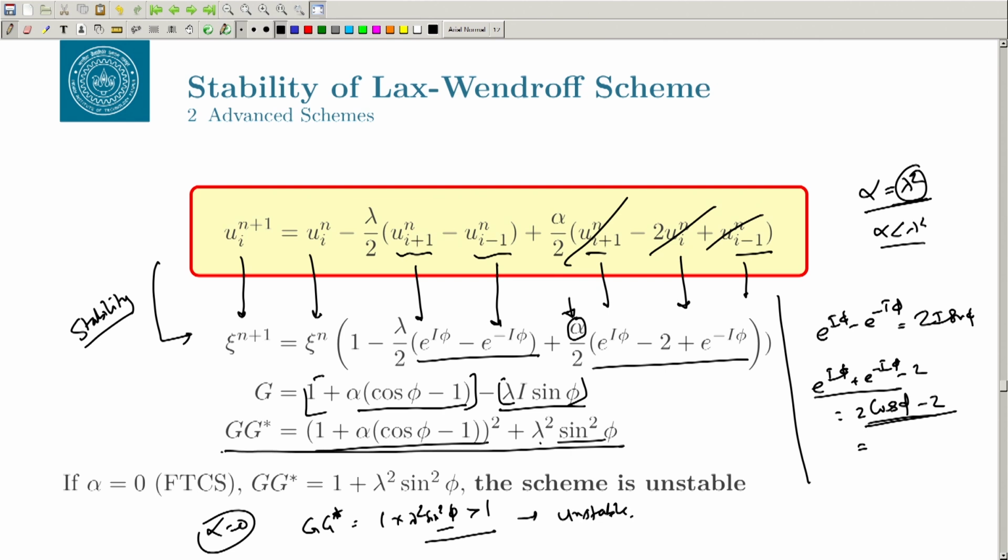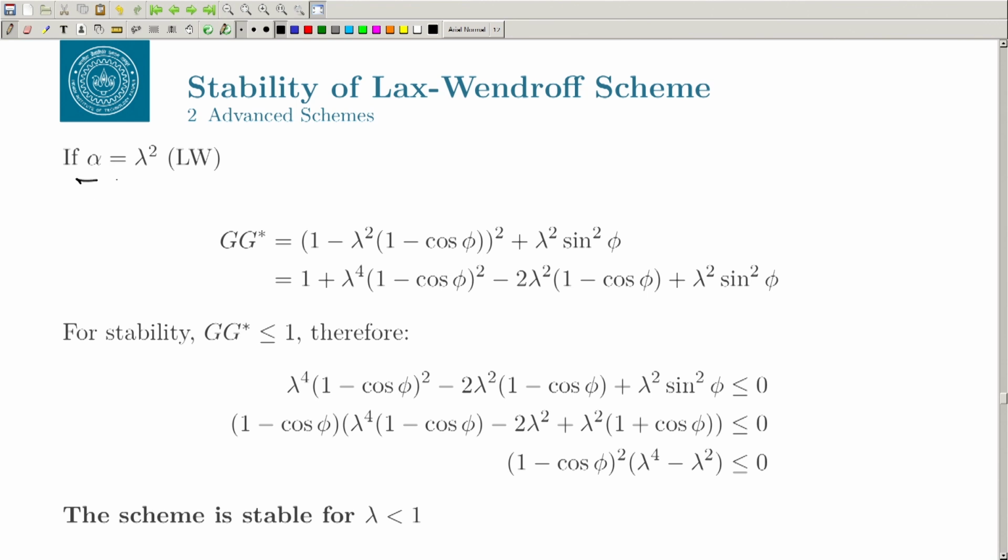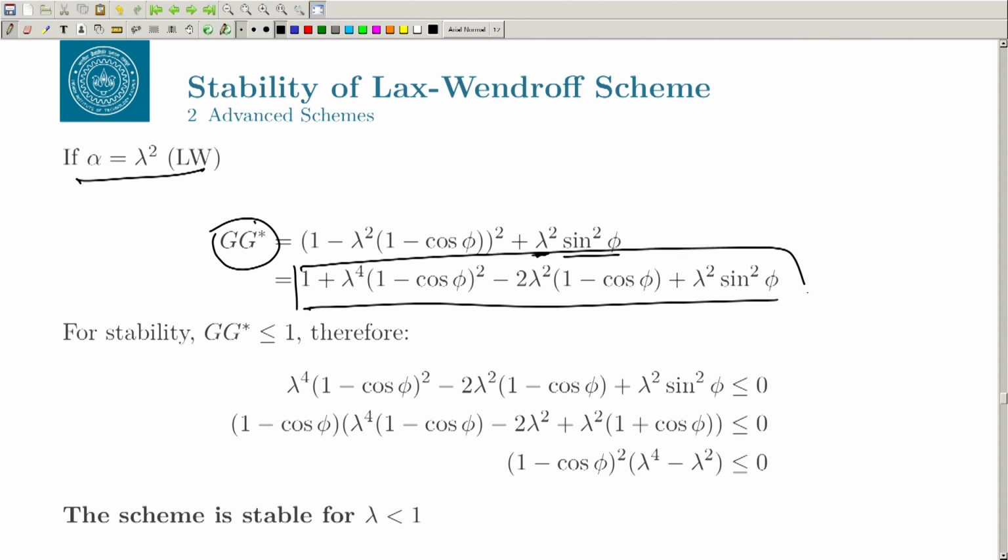Now, let us analyze when alpha equals lambda square, that is your Lax-Wendroff scheme. So, when alpha equals lambda square, you can put the value here, lambda square sin square phi, and then you can simplify it. We say that g g star needs to be less than 1 for stability, so this entire term should be less than or equal to 1.